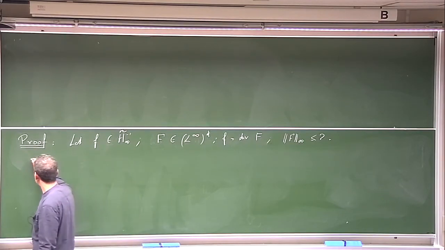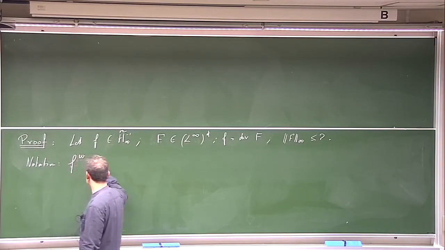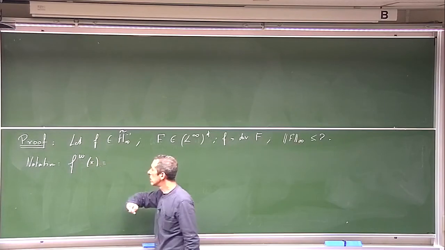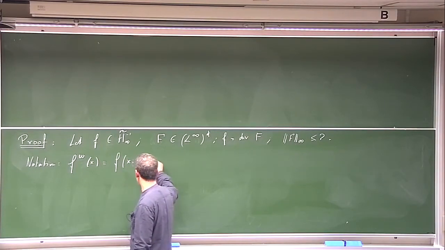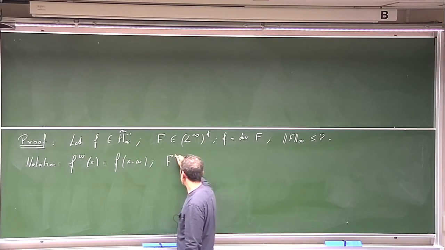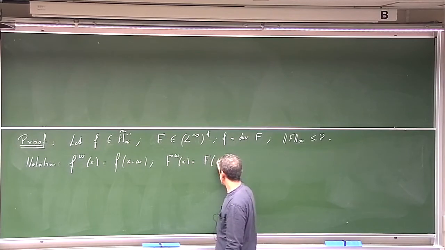And next, we will go to R^d. So I will use the notation f_omega of x. This is the space realization of f. So this will be f of x dot omega. And similarly, big F_omega of x is big F of x dot omega.